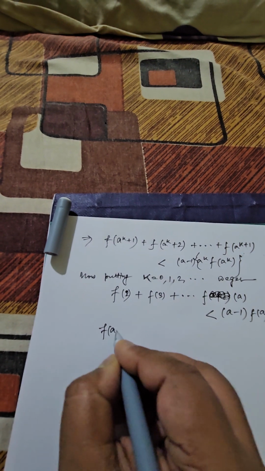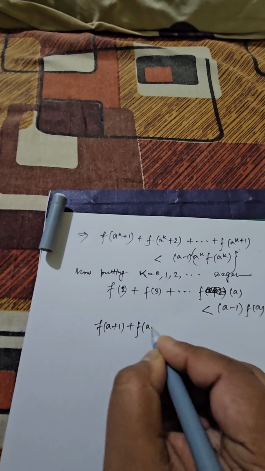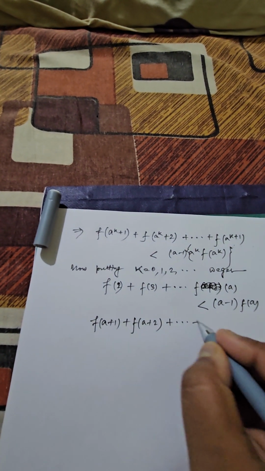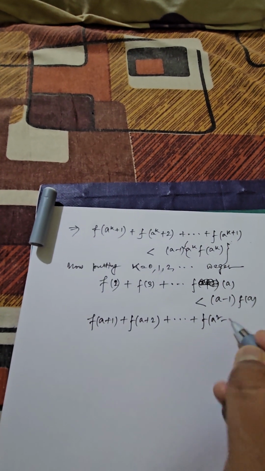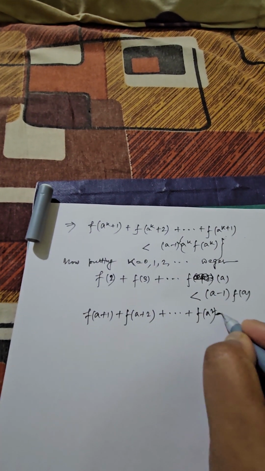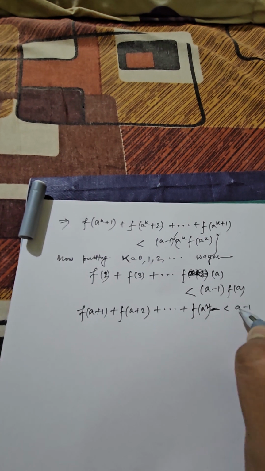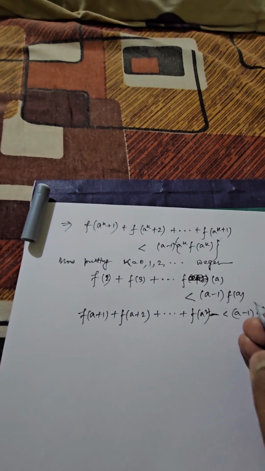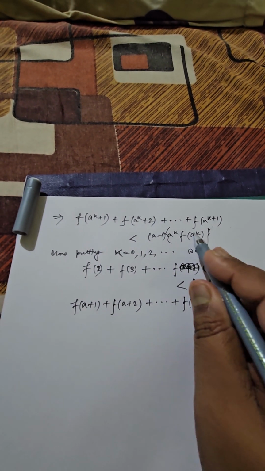Then f of a plus 1, a plus 2, plus dot dot dot f of a square, on the right hand side it will be (a minus 1) a into f of a.